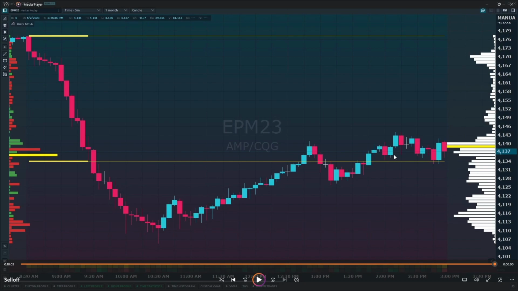And we're going to use that absorption to give us the idea that the next move will be to the upside. And your upside targets, those are going to be up to you. Like I said, I like to target initial balance, but I don't really like taking those big downtrend trades up to initial balance low. Once we break initial balance, I don't like trading back to it.